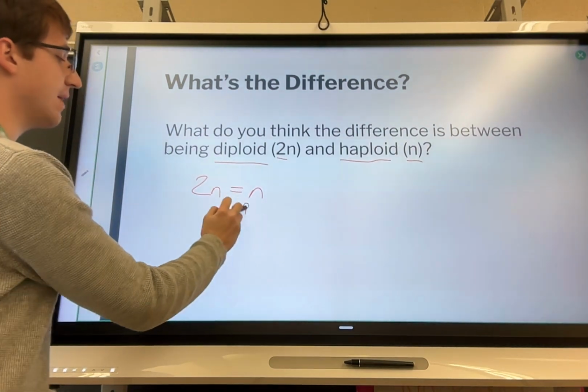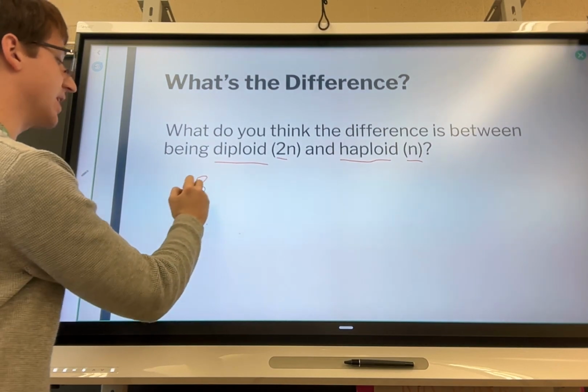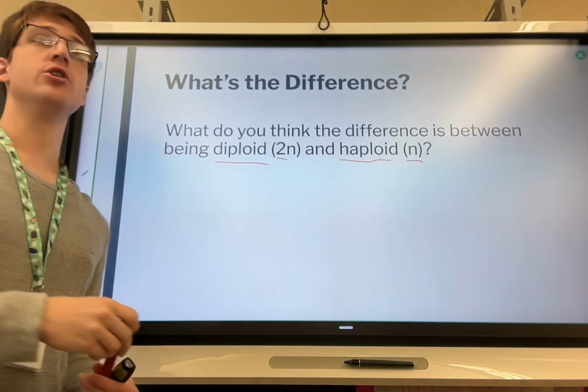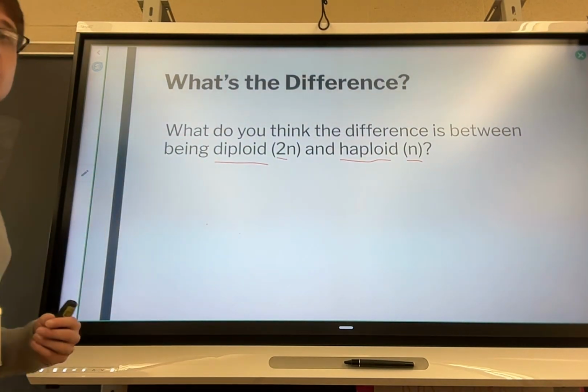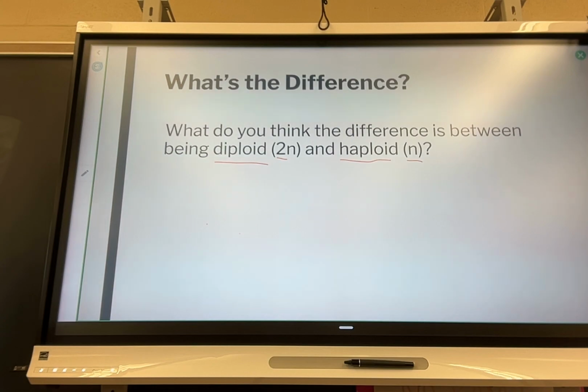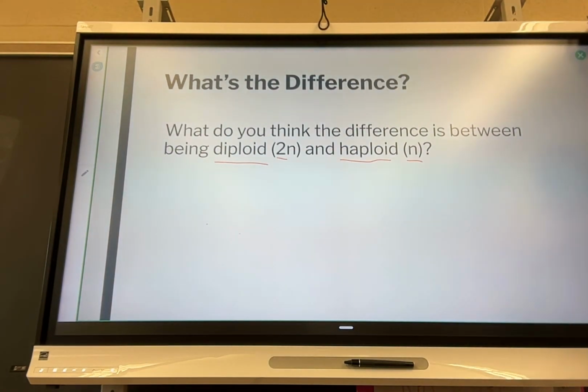However, in the case of diploid and haploid, all of our cells are going to have 2 copies. They are referred to as diploid. Di means 2. Haploid then means half. The way I usually remember it, haploid, HA, half, HA. So this is going to have half of the chromosomes that a normal cell would have.